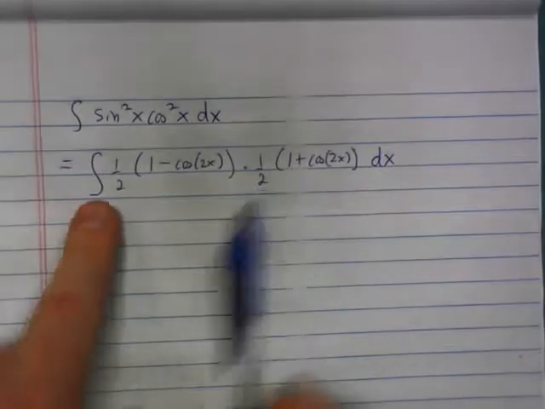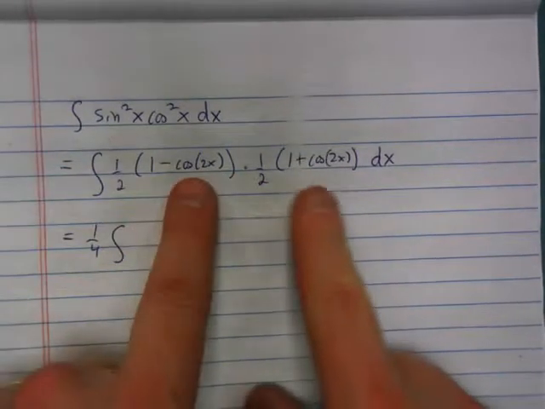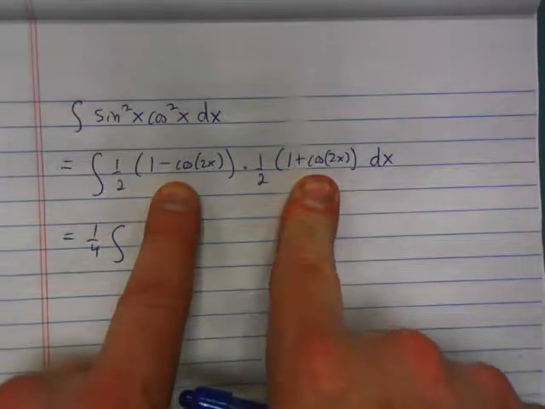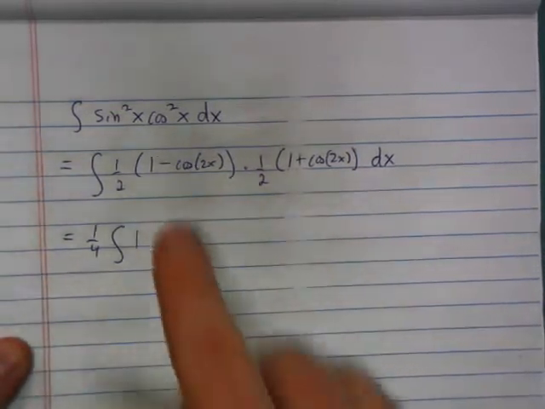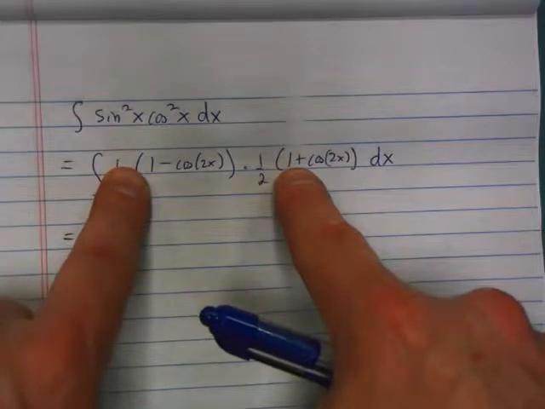So I'm going to pull the 1/4 out front. And then I'm going to take these two binomials and FOIL and see what I get. So what do I get when I do FOIL? 1 times 1 is 1. And then the outside ones and the inside ones cancel.